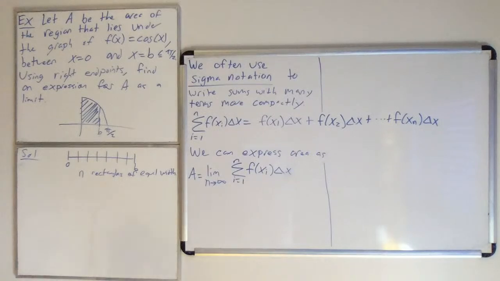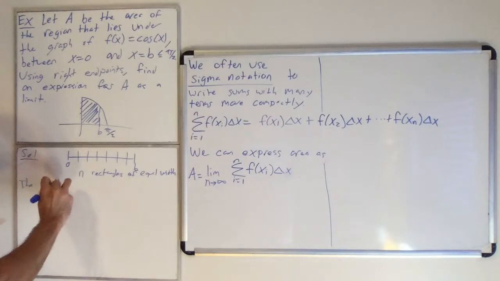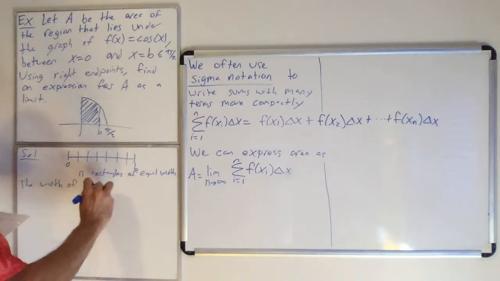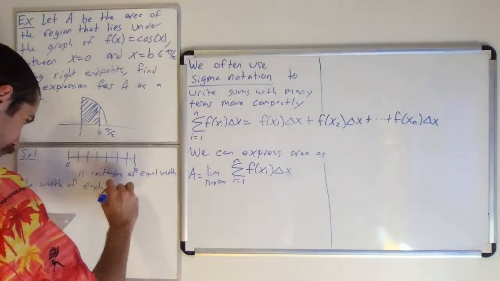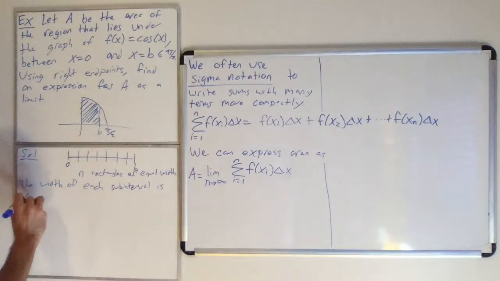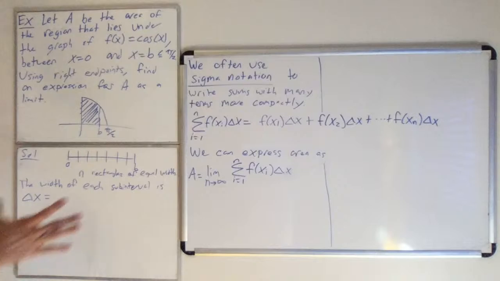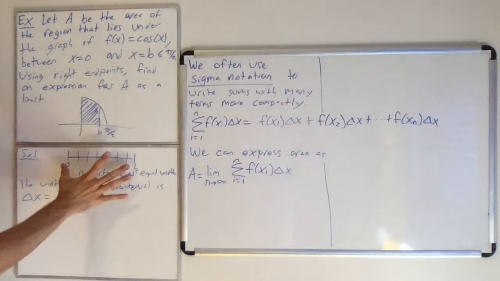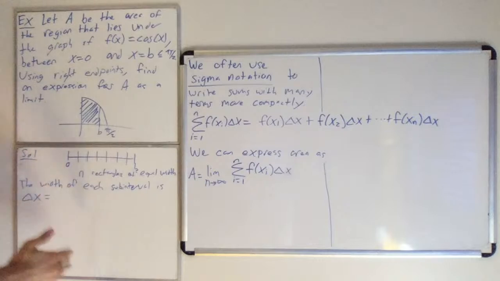So my question for you is, what is delta x? How wide is each rectangle? We have our entire interval from 0 to b, and we want to break it up into n subintervals of equal width. How wide must they be?